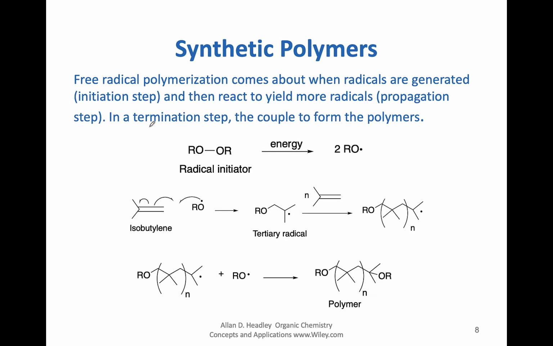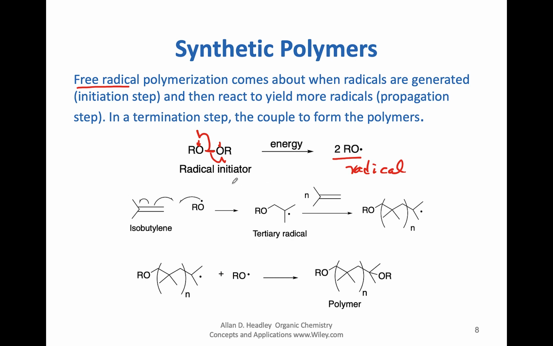Let's look at the third type, radical. So, if a radical is generated, of course we have seen that before. We have a bond here that's pretty weak, and of course it's bonded to the same atom, so the electrons are equally distributed here. So if energy is supplied, one electron goes over here and one electron goes over here to form a radical. So that's a radical.